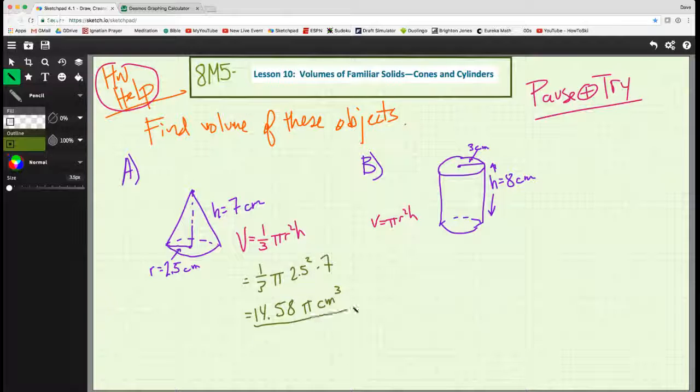This is rounded. But, you know, life doesn't always work out exactly perfect. Sometimes you get these crazy numbers.